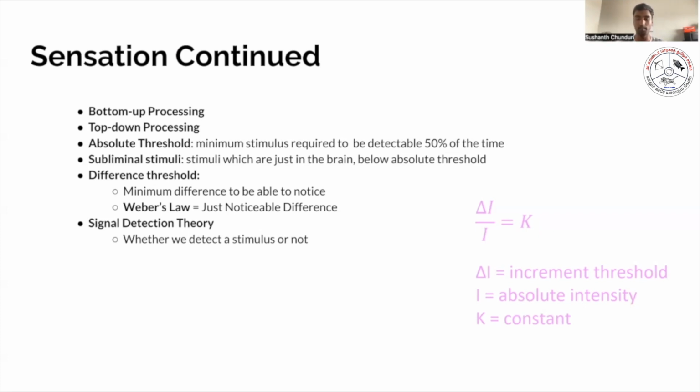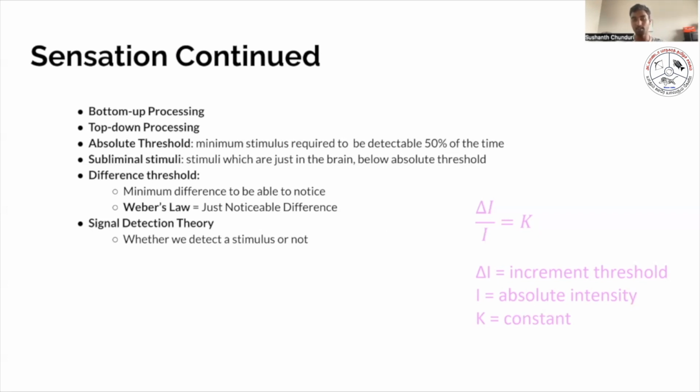Another important concept is the difference threshold, which is essentially the minimum difference to be noticeable. And this is where Weber's law comes in, which is there on the side right there. You don't actually need to know how to calculate using Weber's law. You just need to know the idea of it. Let's say I'm lifting 500 pounds and I add a 5-pound weight on top of that, the chance of me detecting that is very, very low.